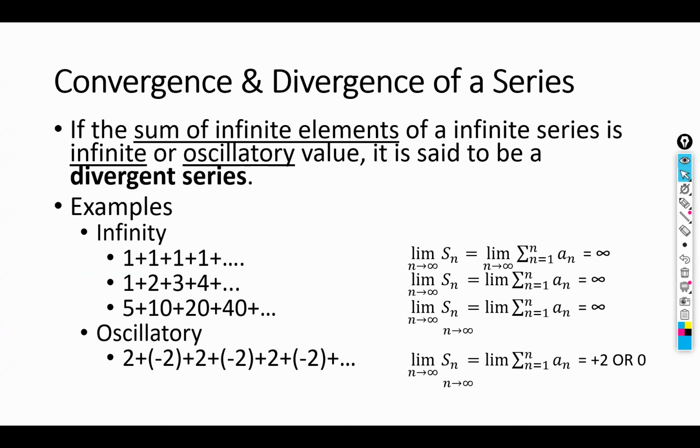A convergent series, divergent series. Then you must understand, every divergent sequence results in a divergent series. But not every convergent sequence results in a convergent series. Most of the convergent sequences result in divergent series, but some convergent sequences result in convergent series.